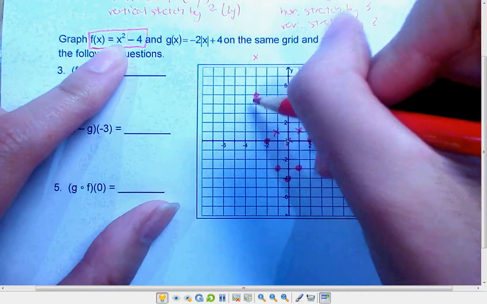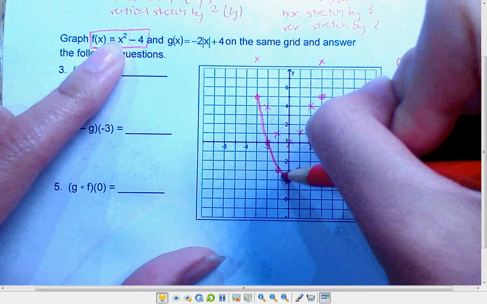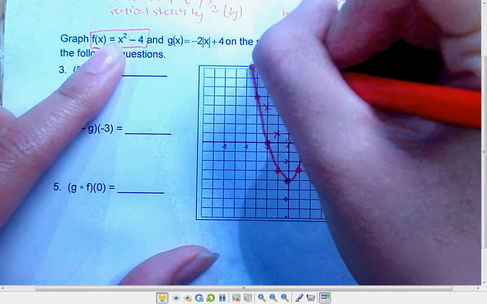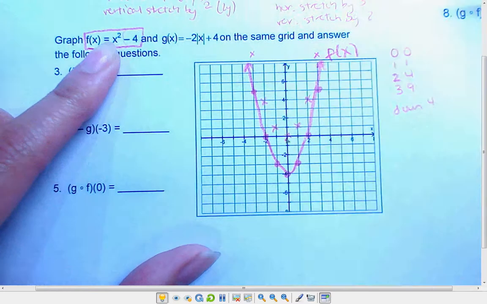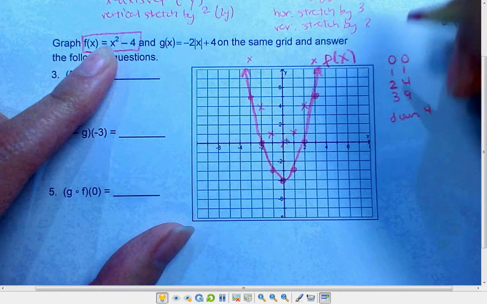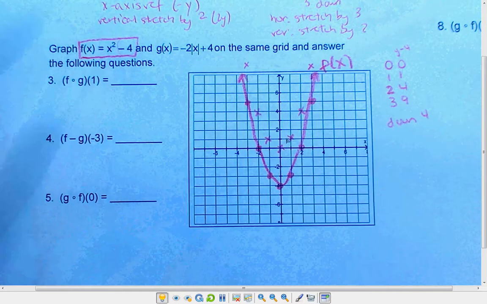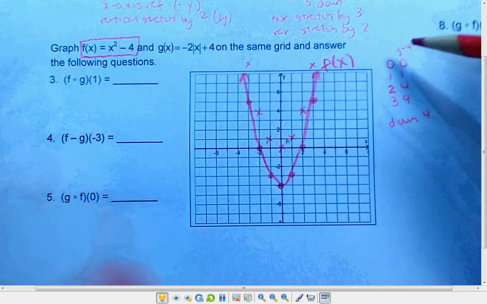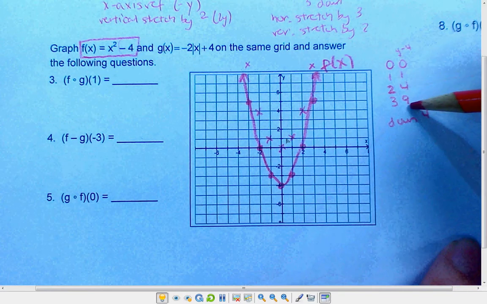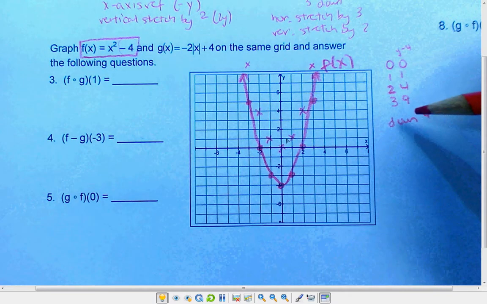So these are my new points. I'm going to connect it with a line. And this is f of x. If you did it using your points, you could have also just subtracted 4 from each of your y values, and this would have given you your points as well.